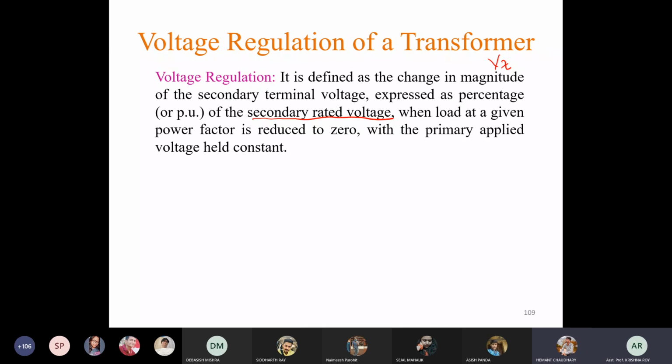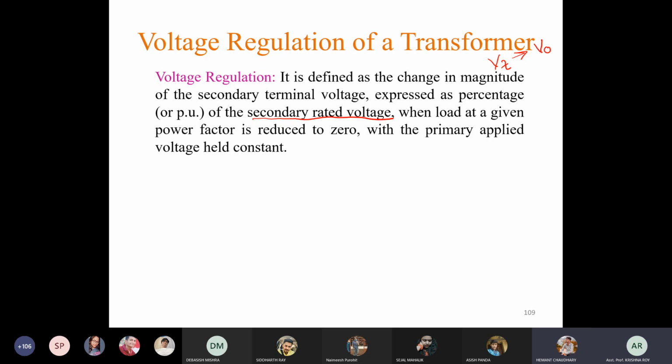And when this load is reduced to 0, this voltage will increase, because normally the loads are inductive in nature. So this terminal voltage will increase, and let us consider that voltage be V0. So V0 is greater than Vt.